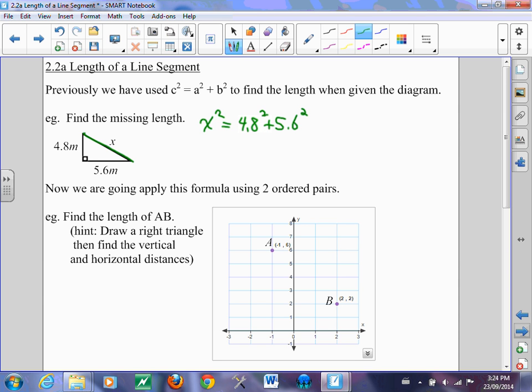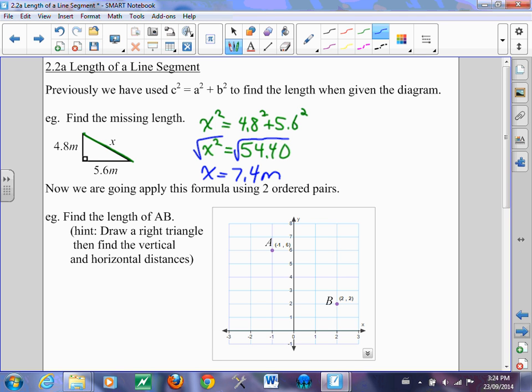So we would get x squared equals, if you plug it into your calculator, 54.40. To get x by itself, remember guys, take the square root of both sides. So x equals 7.4 meters.